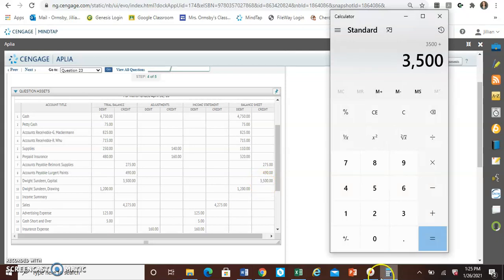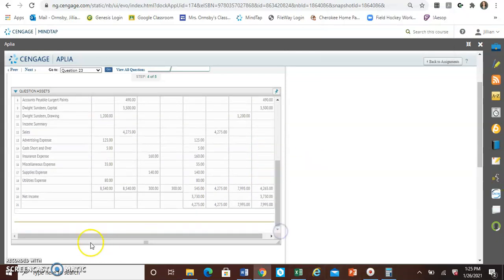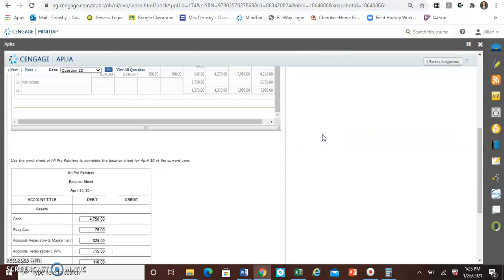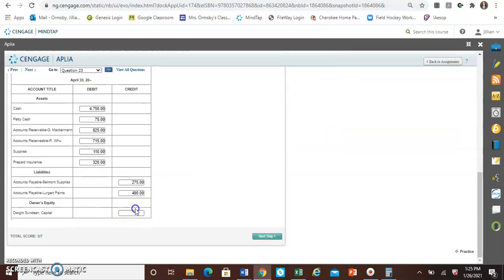We add our net income 3,730, and then we subtract our drawing 1,200, 6,030. So we put 6,030 here.